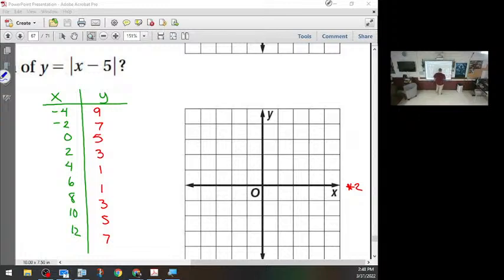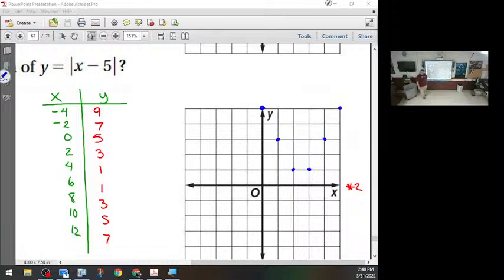I don't got enough. 0, 5. I got enough for that. 2, 3. I got enough for that. 2, 3, not 4, 3. Going by 2's. Okay, 4, 1. 6, 1. 8, 3. 10, 5.